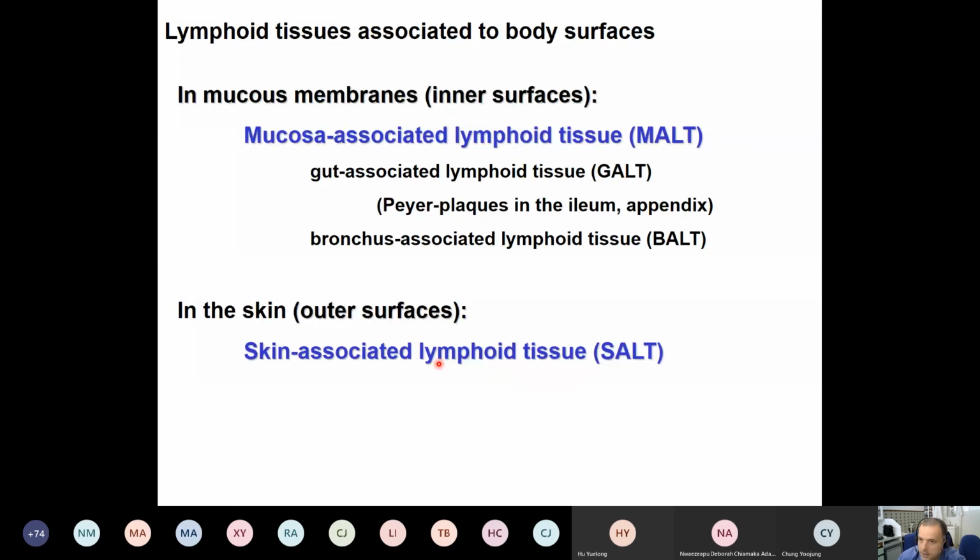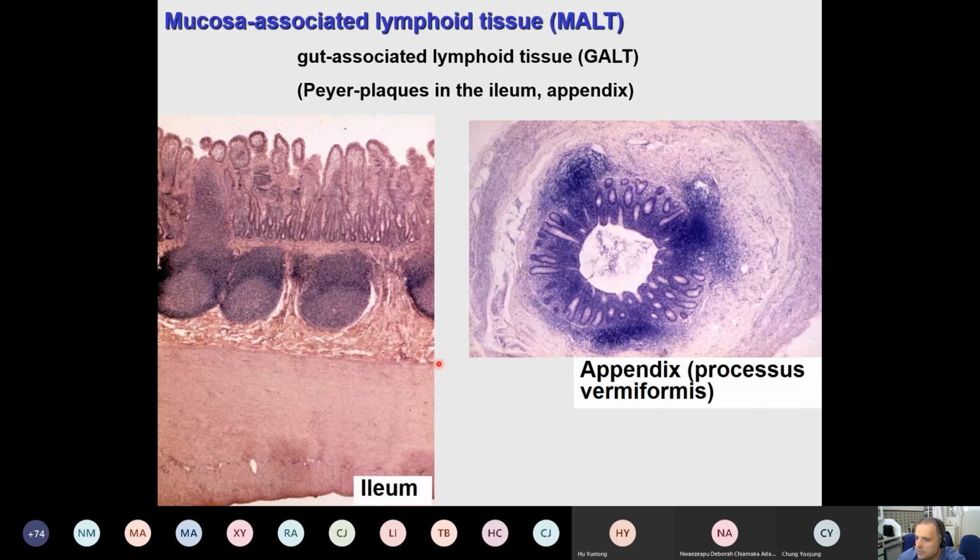But when you study the slides in the coming semester, you will see many, many times tissue samples, for instance, from the ileum or from the appendix here. All the slides will contain more or less lymphatic tissue. In the ileum, you have many lymphatic follicles. These will be the Peyer's patches, or plaques, and also similar lymphatic follicles you have in the appendix vermiformis.